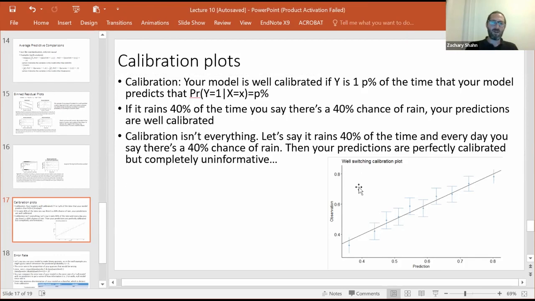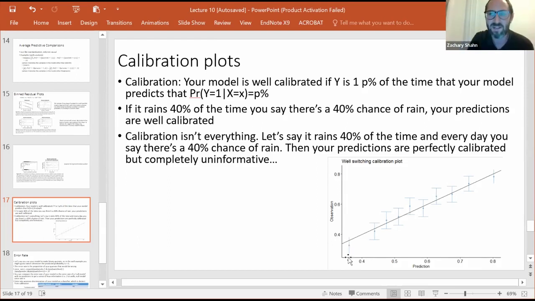Here's the calibration plot for the well switching model. On the x-axis is the prediction, so the predicted probability that y equals 1. And for deciles here, the calibration plot assesses what proportion of the observations who you said would have probability 0.2 were actually 1.